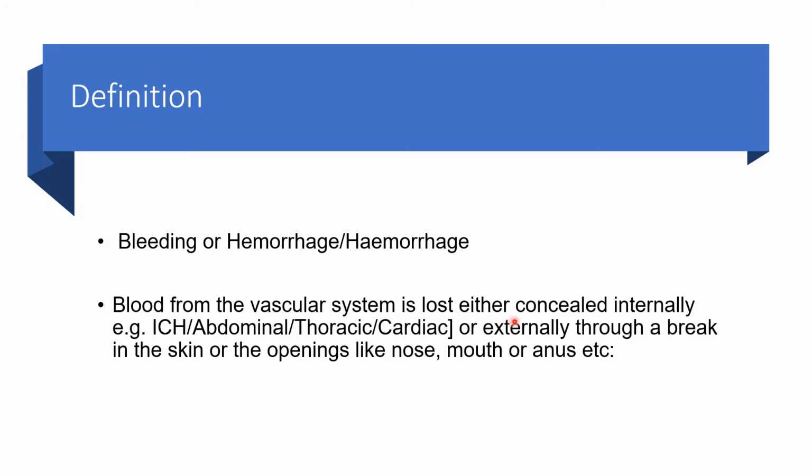It could be concealed, meaning hidden internally, like in intracranial hemorrhage, abdominal hematoma, thoracic hematoma, cardiac tamponade, or external through a break in the skin, where you see the blood flowing. Or through orifices, otherwise known as openings, like the nose, epistaxis or nosebleed, the mouth, hematemesis, hemoptysis, or through the anal region, like hematochezia or melena, and so on.